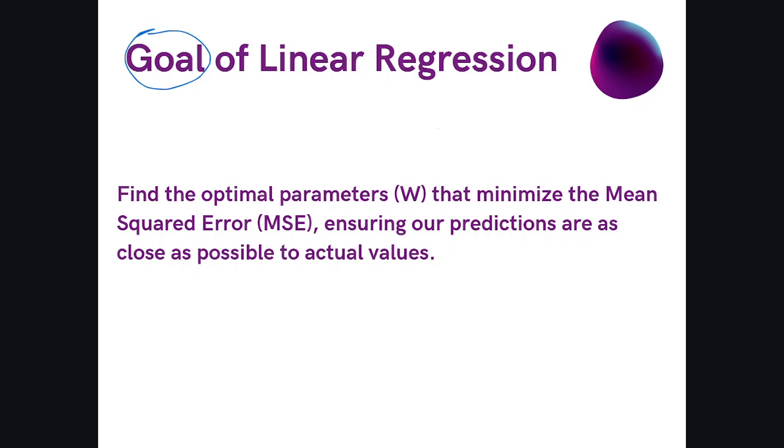If we want to find the best fit line for our linear regression model, then we have to optimize the parameters. And how can we optimize the parameters? By minimizing the error, right? And for minimizing the error we have to take help from some of our mathematical tools like differentiation. So let's get in there.